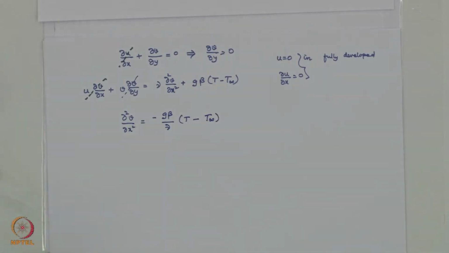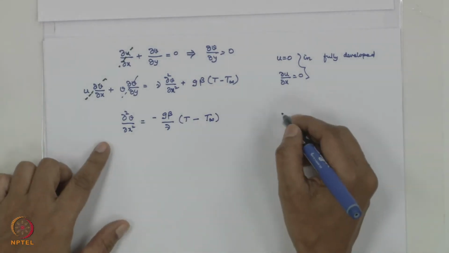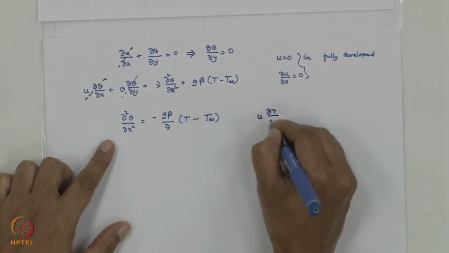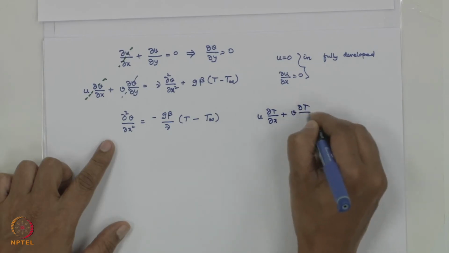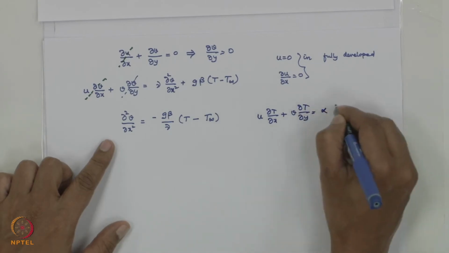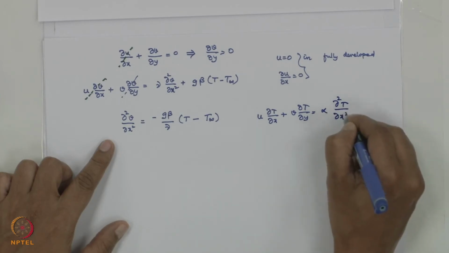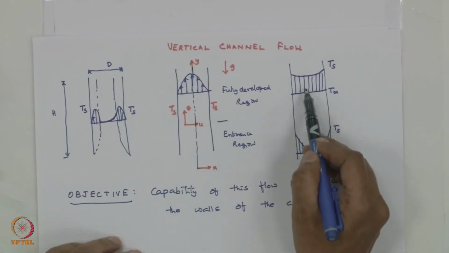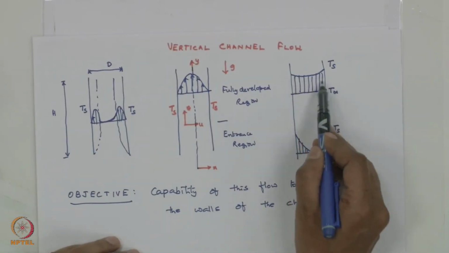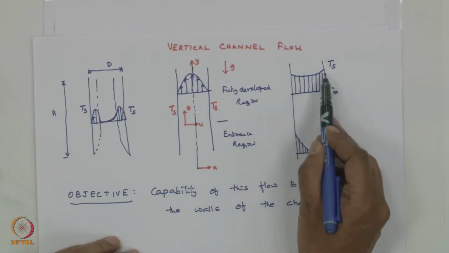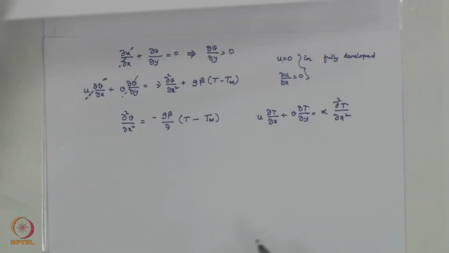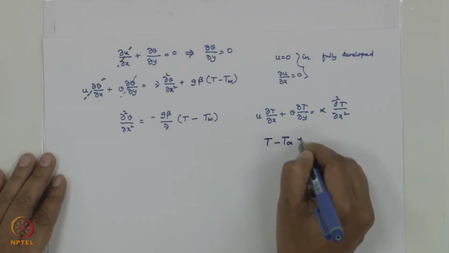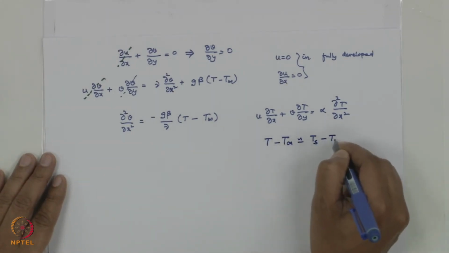But now I need to actually take the energy equation to get this temperature: u del T by del x plus v del T by del y equal to alpha del squared T by del x squared. But I will make an assumption: as you can see here, the temperature is almost close to Ts. So instead of solving for T, I will take T equal to Ts, that is, T minus T infinity is approximated as Ts minus T infinity.